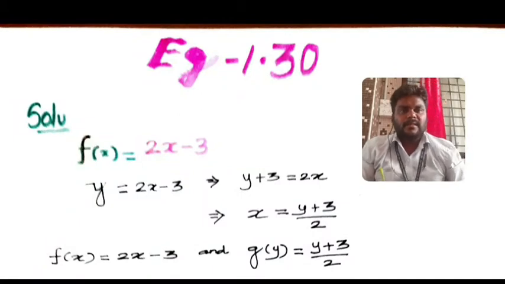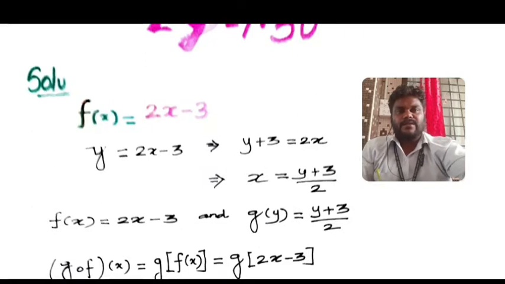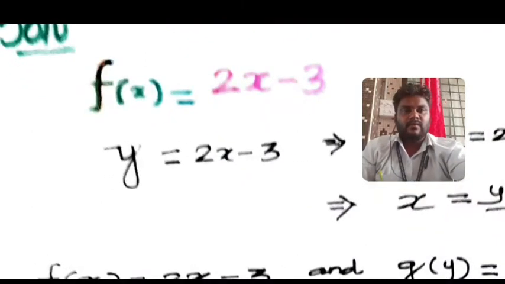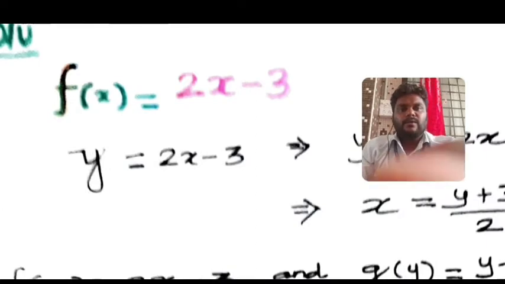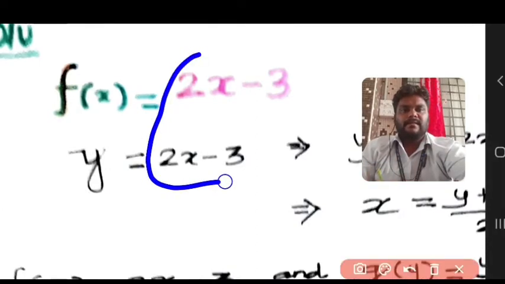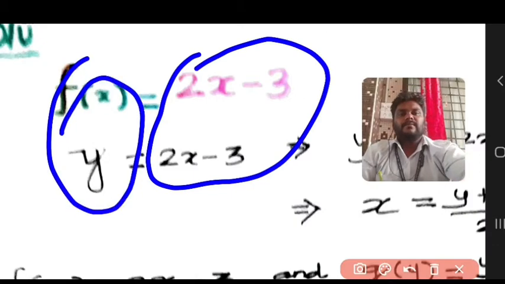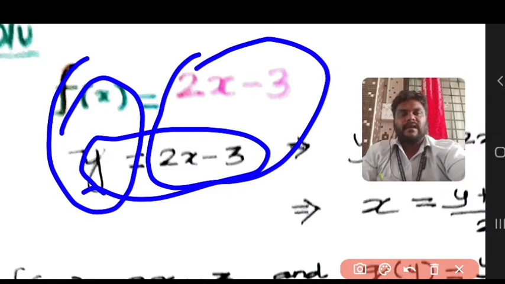Example 1.30 solution. Given that f of x equal to 2x minus 3, we assume that f of x is y, so y equal to 2x minus 3, the y value. From this we are going to find out the x value.